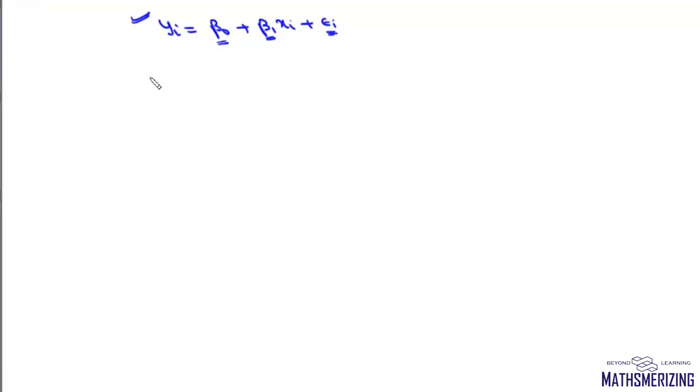So suppose we have some function S, which is a function of beta naught and beta 1, and it is this summation ei square, and it will be given by this summation yi minus beta naught minus beta 1 xi whole square. Now in the method of least squares, we wish to minimize this sum of squares of vertical distances, or sum of squares of these errors.